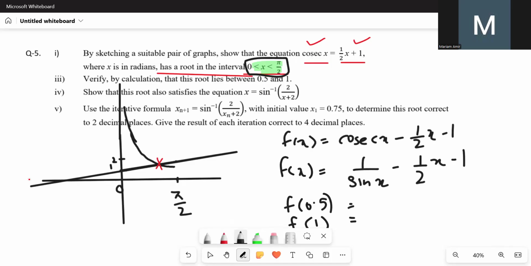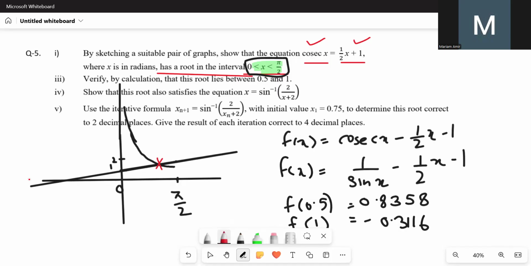Make sure the calculator is in radians. So for 0.5, you should get 0.835, and for 1, you should get negative 0.3116.